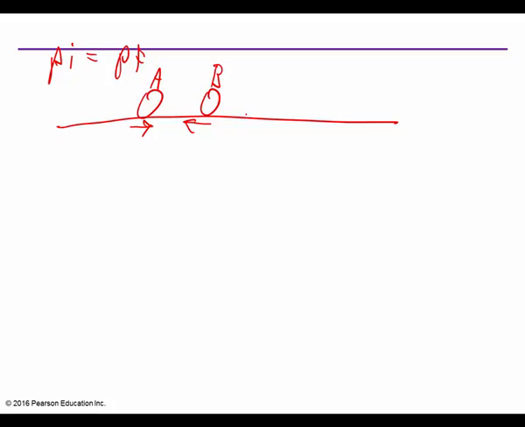Then after the collision, they stick. Now, which way is it going to be moving? Well, it all depends on which one has the greatest velocity. So this is inelastic.